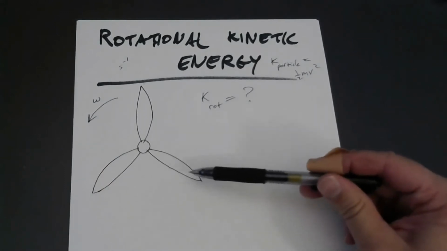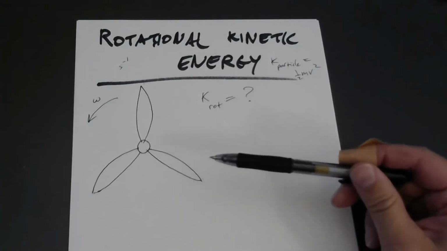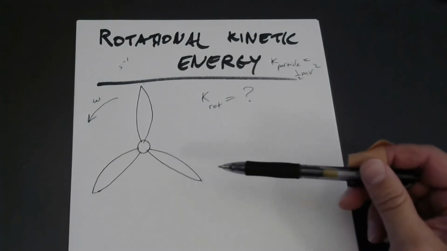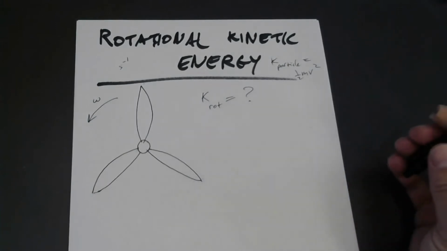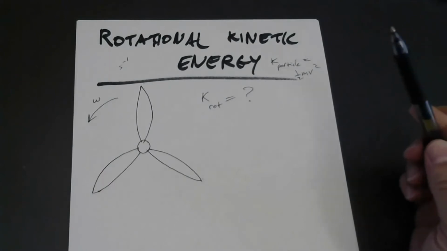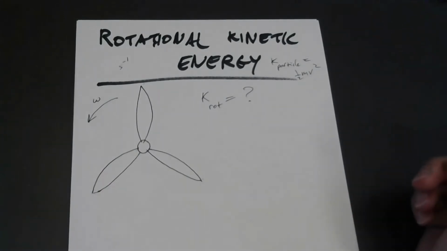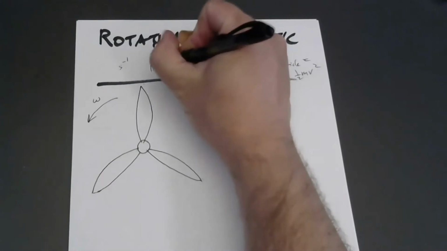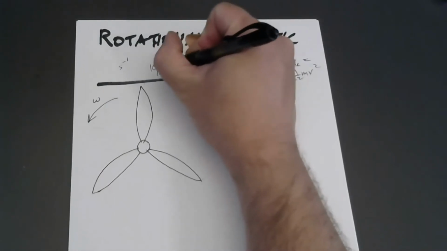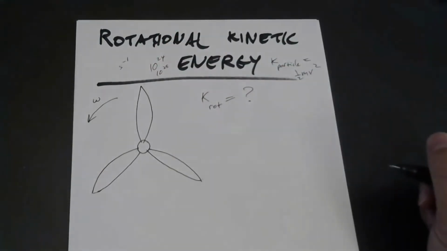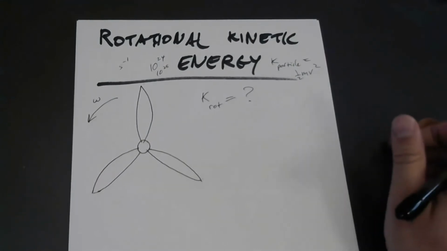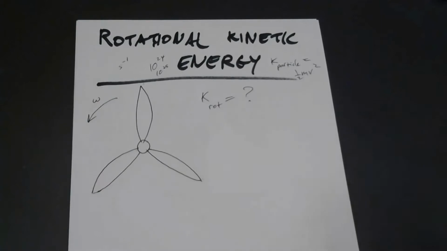Well, a propeller is made up of a whole bunch of particles, if you want to think of those particles as being atoms. How many atoms? Well, that's not really a topic for 3A, but we're talking about 10 to the 24th or 10 to the 25th atoms.